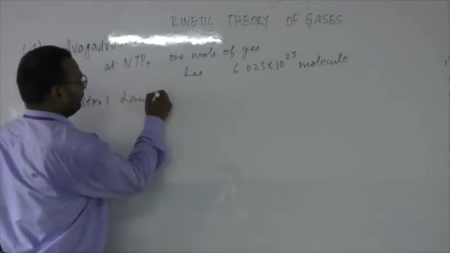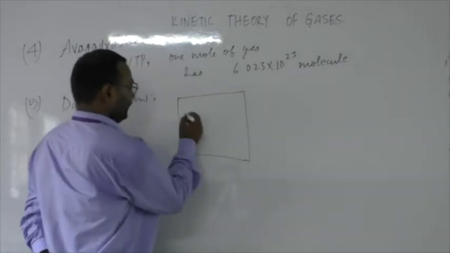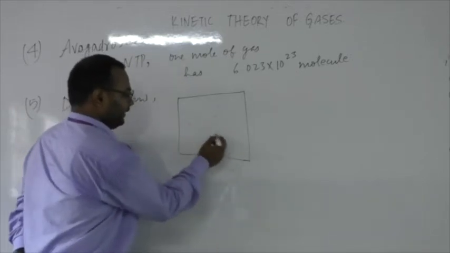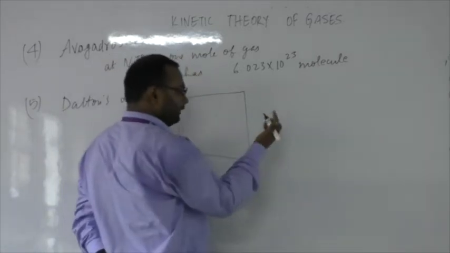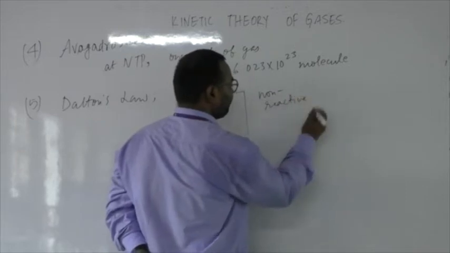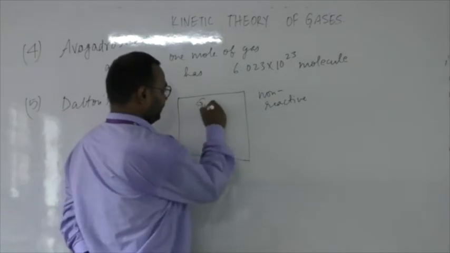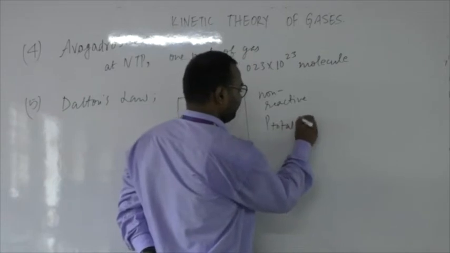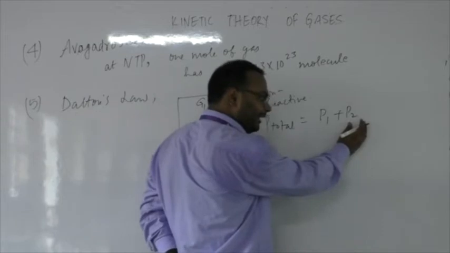And fifth, you can say Dalton's law. So let's take an example, then we'll discuss the definitions. If this container contains a mixture of 2 gases, and those gases should be non-reactive, say gas 1 and gas 2, then the total pressure you write as pressure given by gas 1 plus pressure given by gas 2.